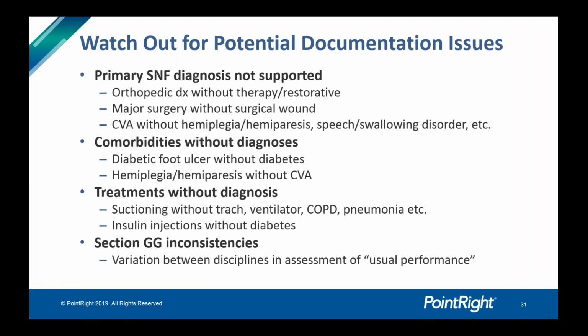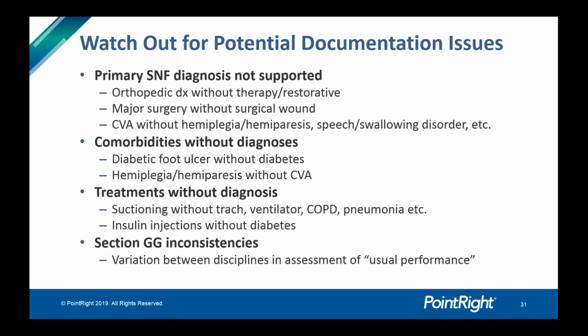So you do want to make sure that the documentation ducks are all in a row so you can appropriately capture what's going on with that individual patient or resident. Make sure that you are not running into potential documentation issues that may put you at compliance risk or under-reimbursement at least.